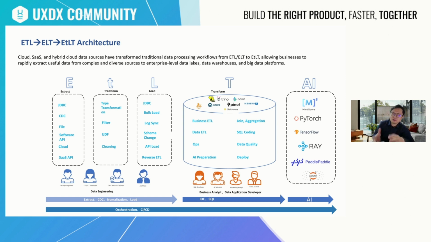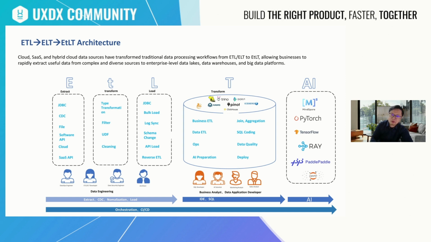So you have to extract the data from different data sources, and then you will do what we call a transform so that this data can be loaded into your data warehouse. And this process we call ETL: extract, transform, and load.